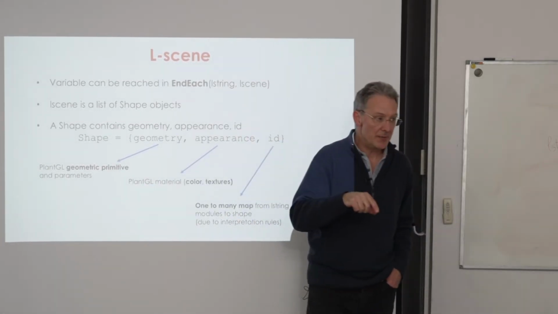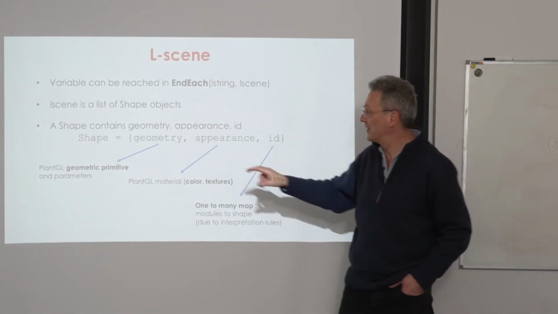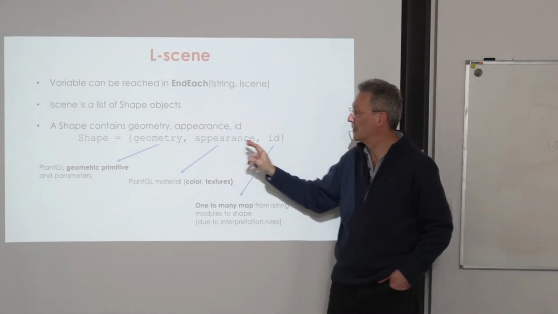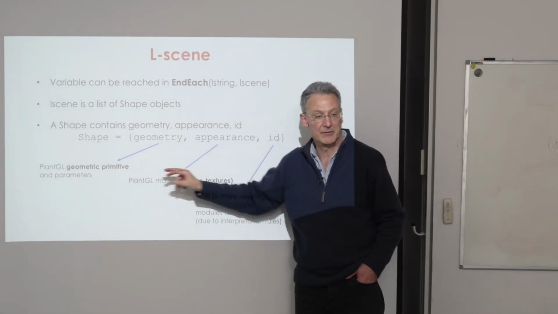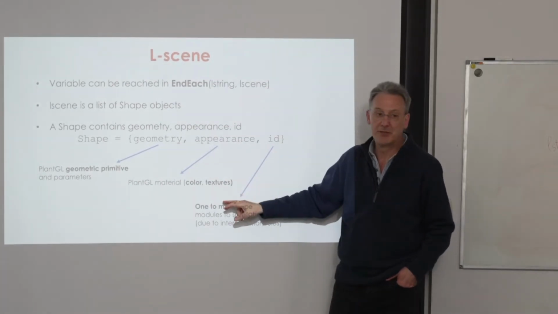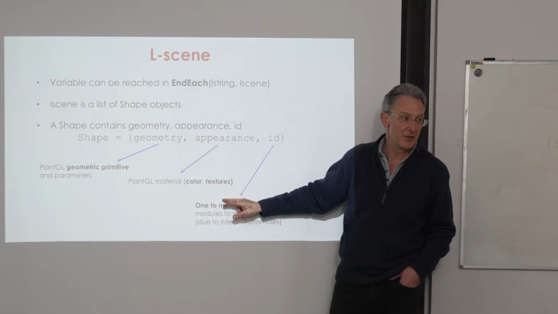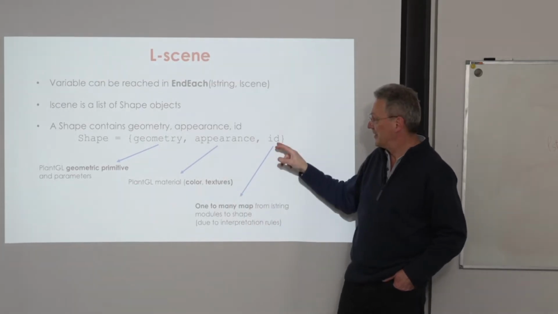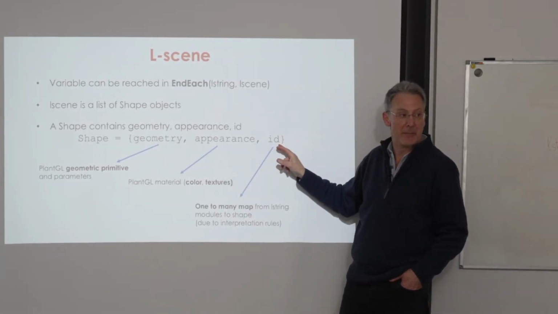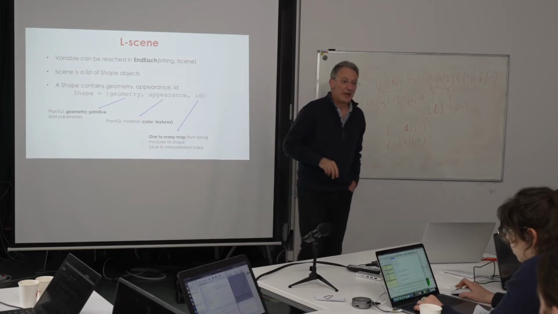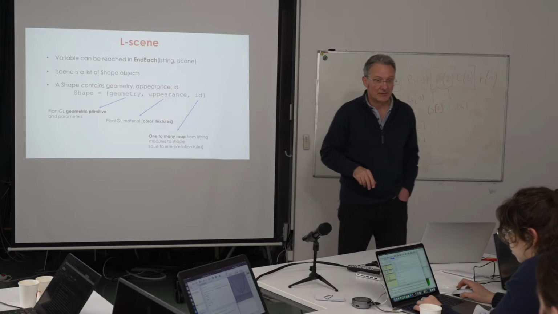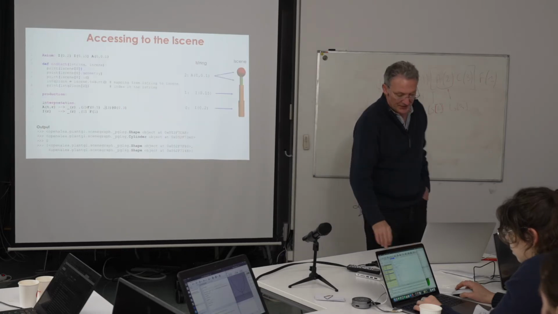Each shape of the lscene is made of 3 elements: the geometry, which is a PlantGL geometry primitive, an appearance, which is basically the color or the texture or something like this, and an ID that makes the mapping between the lscene and the lstring. So this is extremely important.